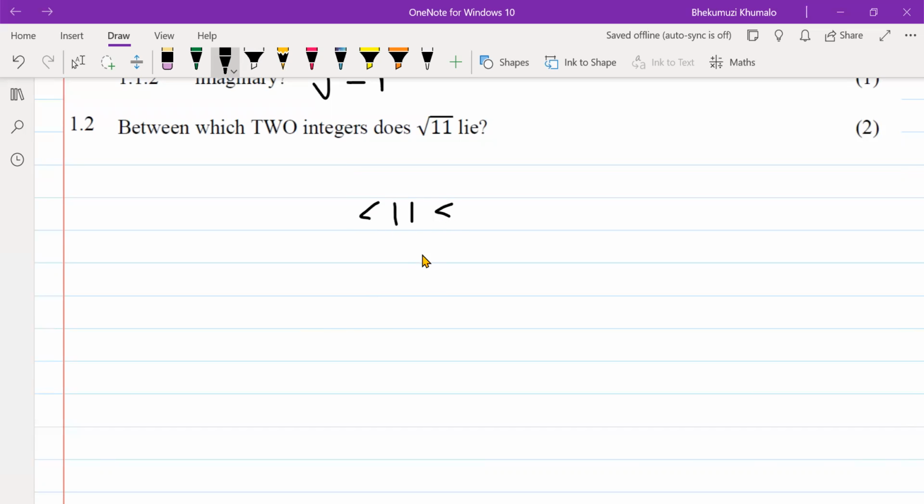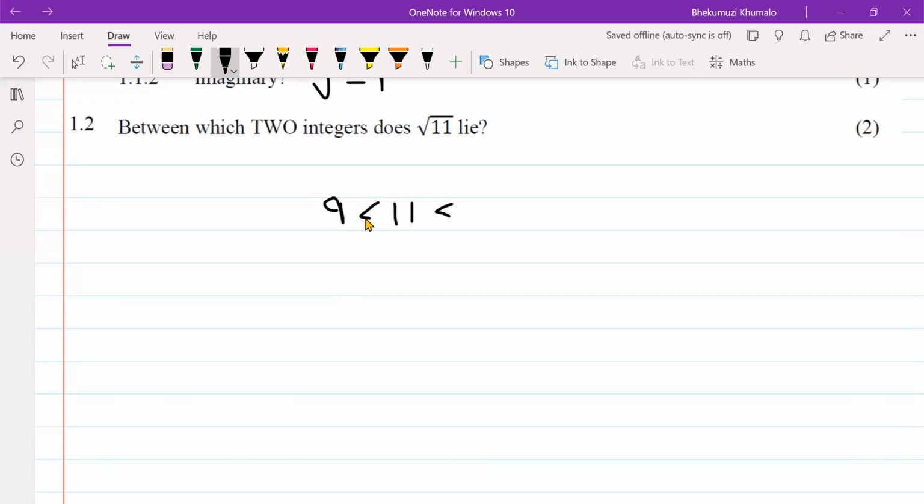Look for the closest perfect square to 11 that is bigger than 11, and the closest perfect square that is smaller than 11. So when you think about it, I think 9 is a good perfect square.